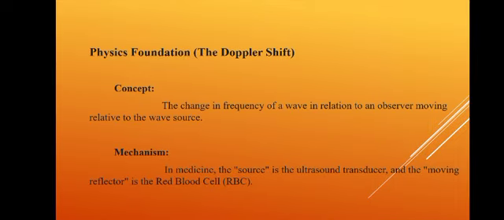The Doppler effect is also known as Doppler shift, that is the apparent change in frequency of a wave in relation to an observer moving relative to the wave source.